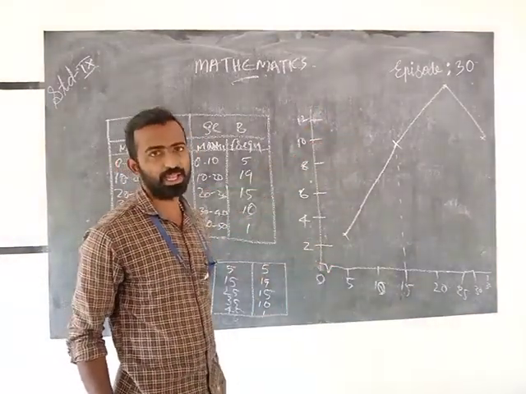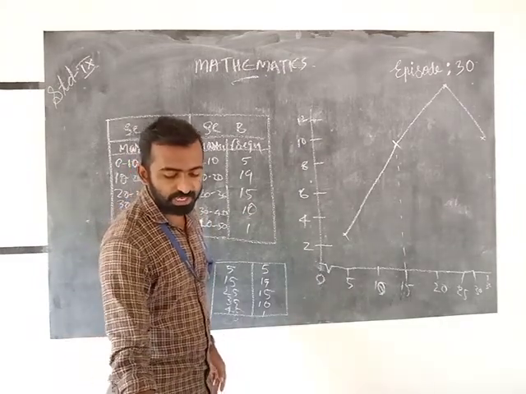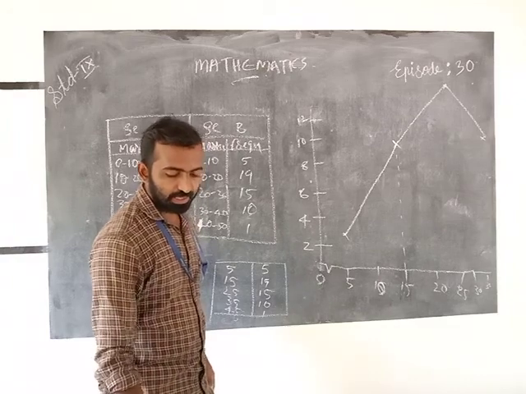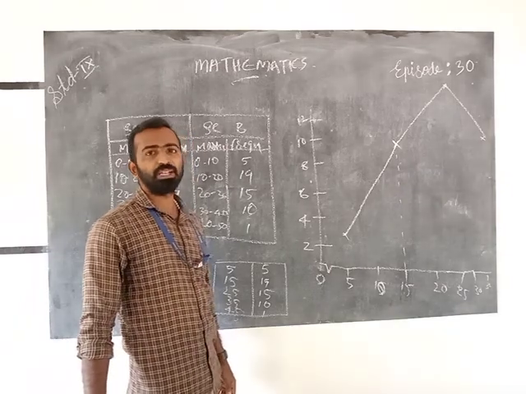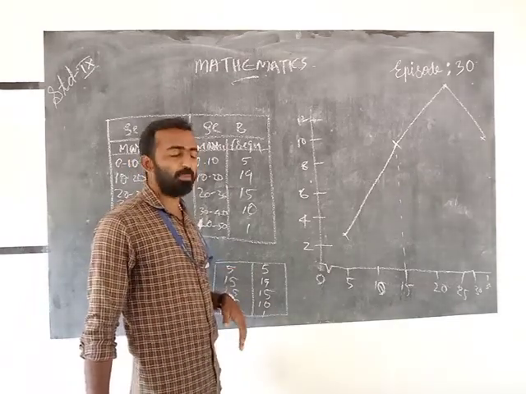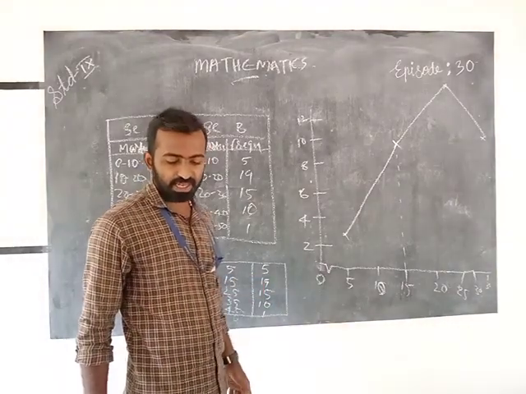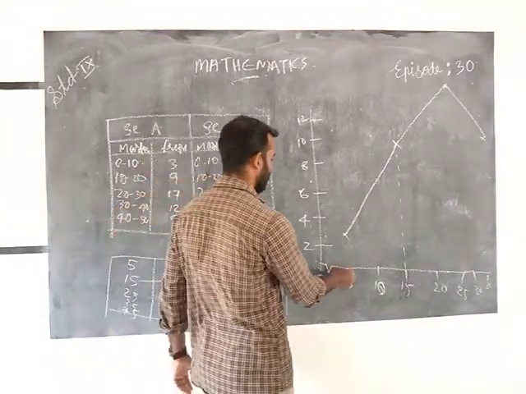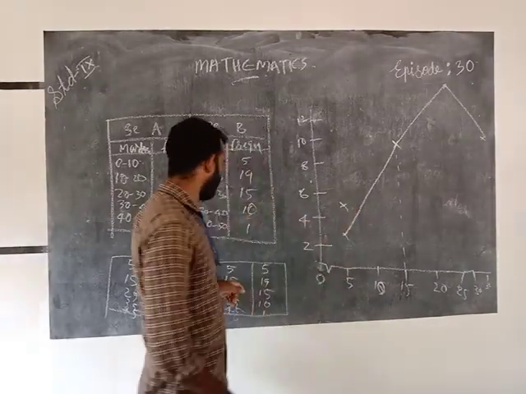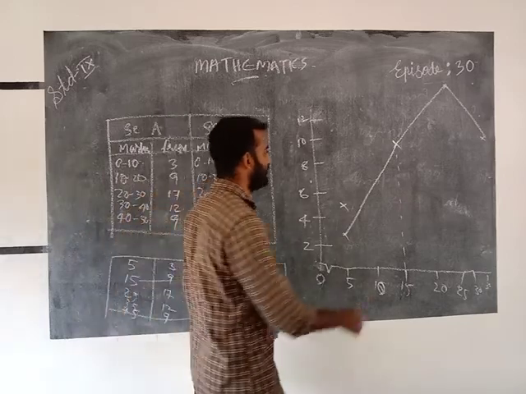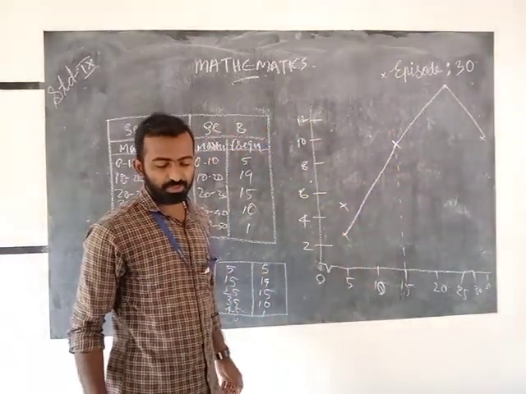And next we want to draw the graph of section B. Section B has marks 0 to 10, 10 to 20, and we take the modified table. Corresponding to 5, the frequency is 5, which lies between 4 and 6. Next is 15, where we get 19, between 18 and 20.